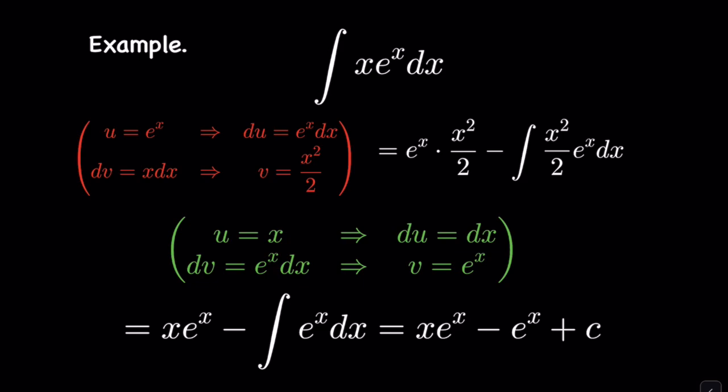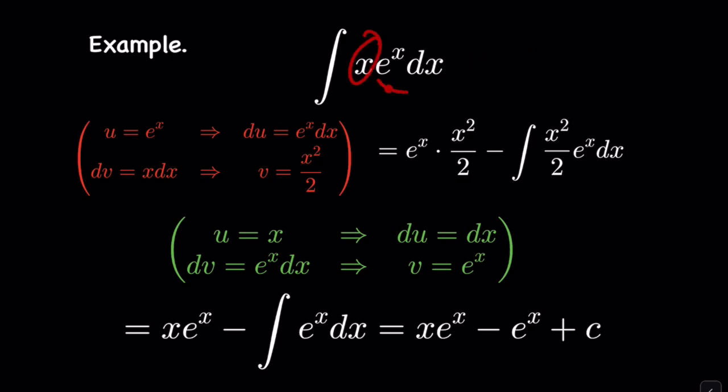This time I'm going to take u to be equal to x, and the rest to be dv. So this is u, and I take e to the x dx to be dv this time. You break up the integral as the integral of u dv.